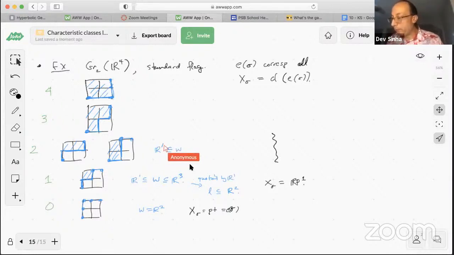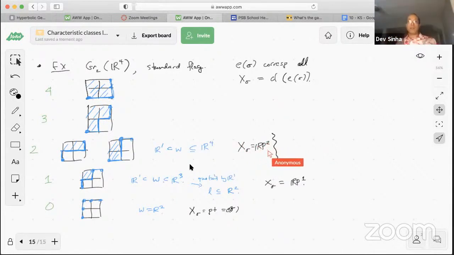Of course, that's got to be proper, by the way, and both of these have to be proper. But now it sits inside of R4. And once again, I can play the same game, and this is maybe sounding boring, oh, that's just RP2 for this particular X sigma. What's a lot more fun is to go over to the right.